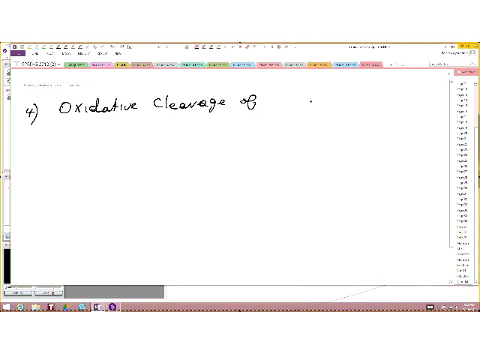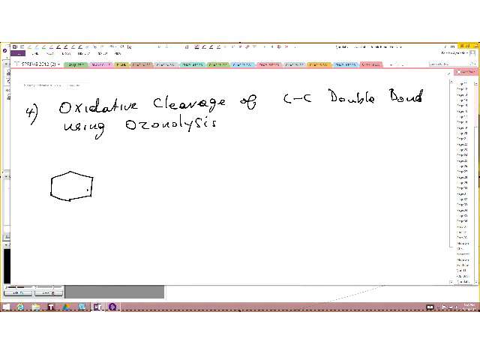Oxidative cleavage of carbon-carbon double bond using ozonolysis. Okay? So if we take this, the product you obtain here depends on the nature of the carbon-carbon double bond.